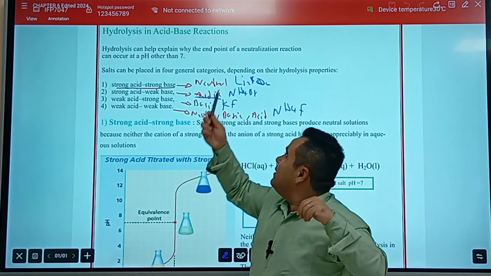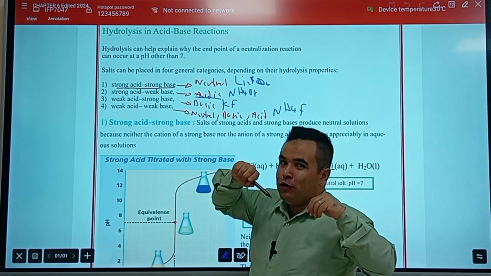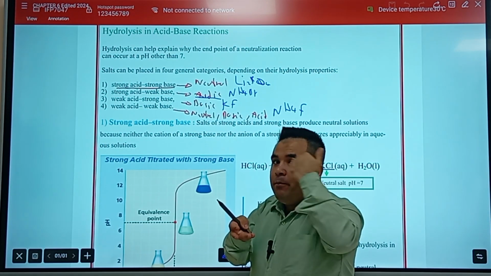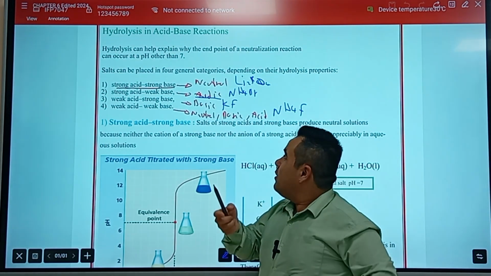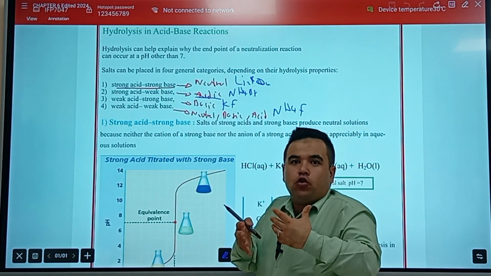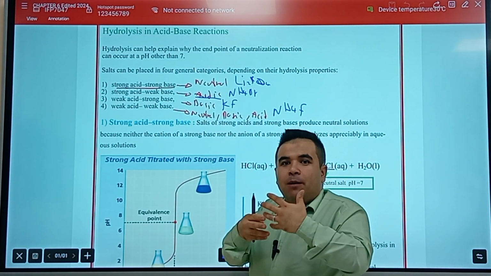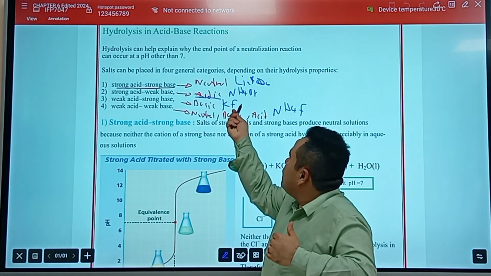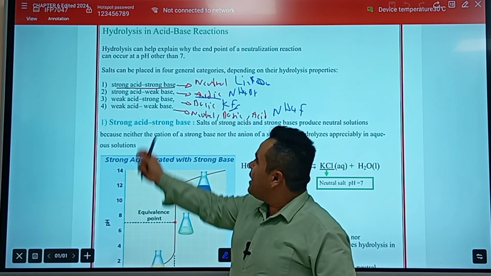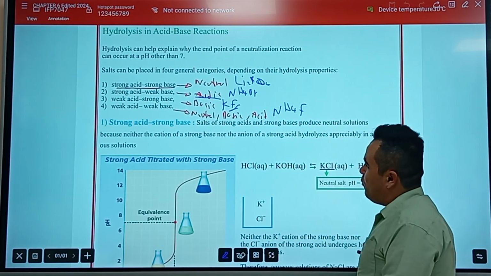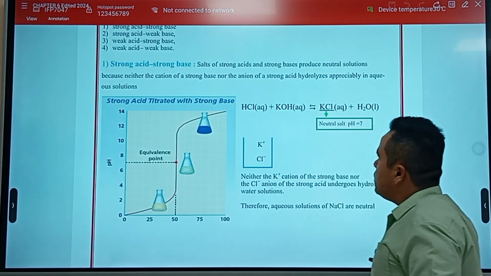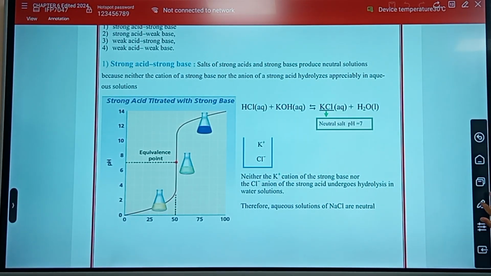So it will be cation hydrolysis. The type of hydrolysis is from the weak, but the name of the salt is from the strong. Weak acid and strong base, the base is stronger, so it becomes a basic salt. But the type of hydrolysis depends on the weak, which is anion hydrolysis, and the last one can undergo both hydrolyses.